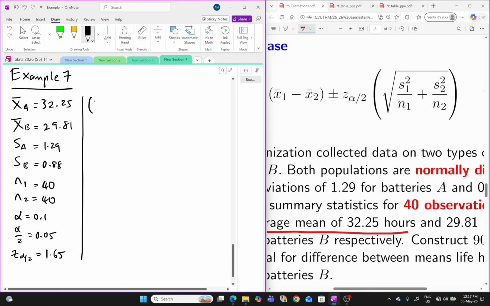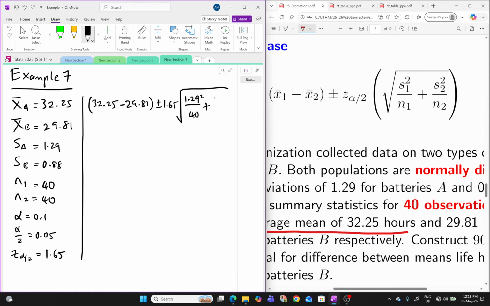X1 is... You press in the calculator, let me know what you get.